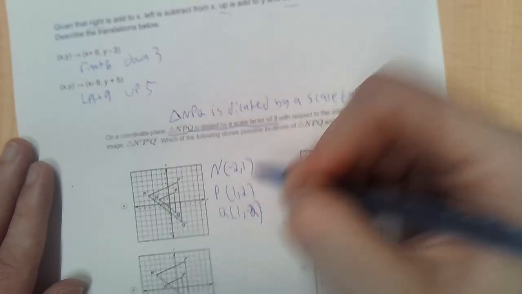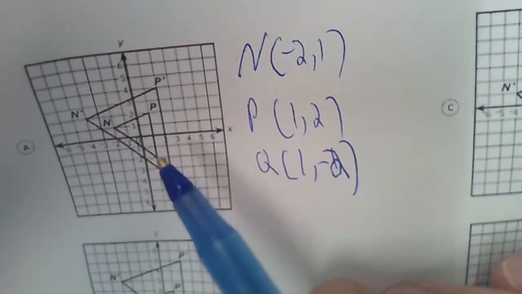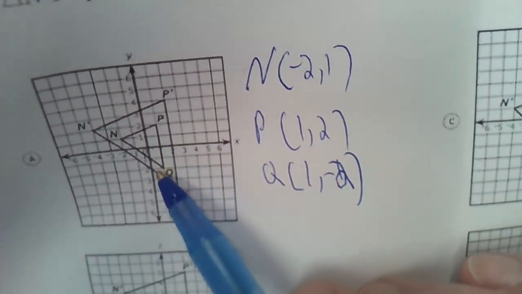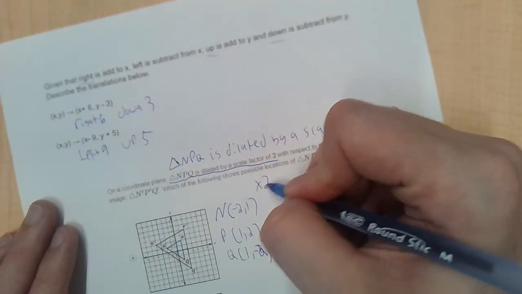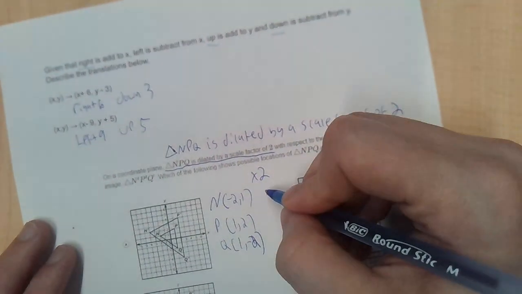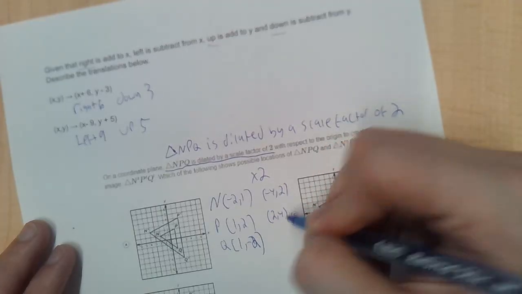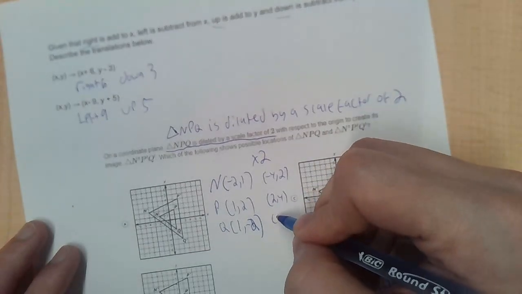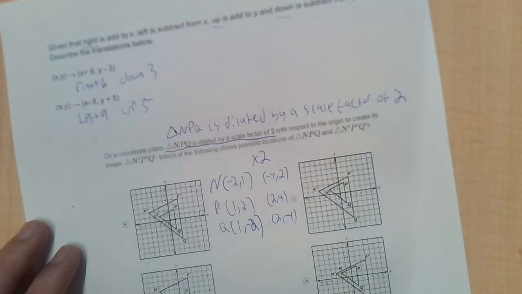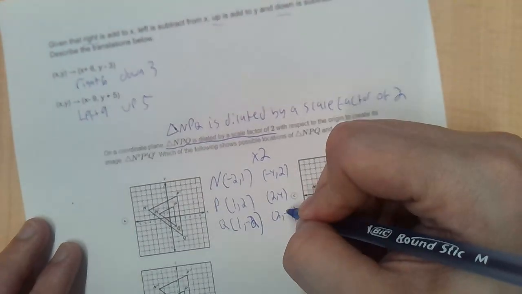Sorry, I think I might have said -1. It's 1, -2. It's small, so it is kind of hard to see. On the computer, it'll be a little bigger. You can zoom in. And because my scale factor is 2, I'm going to multiply all those by 2. So that's -4, 2 for N, 2, 4 for P, and 2, -4 for Q.